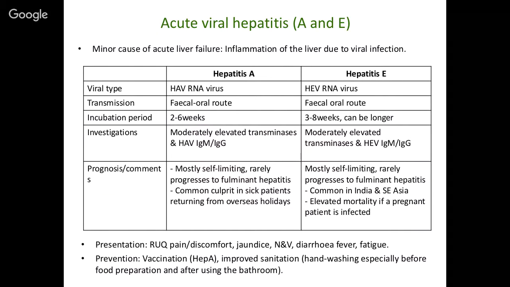For some reason, they have an elevated mortality. In terms of presentation, it's similar to what we talked about before, and always remember prevention is very important. So with hepatitis A and hepatitis B, there is a vaccination, not yet with hepatitis C, and also looking at improved sanitation. Still important in Australia, but more important in the developing world as well.